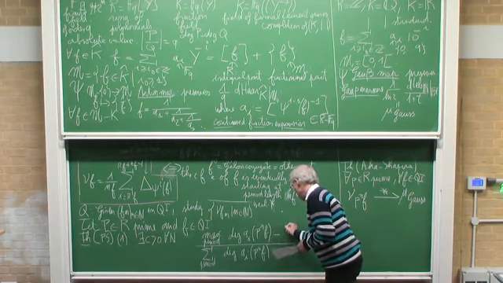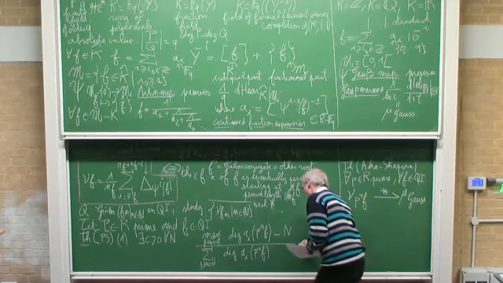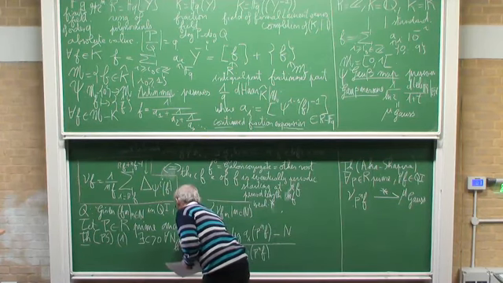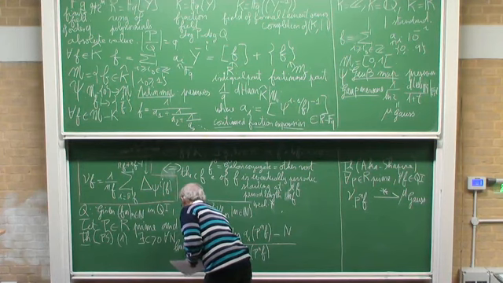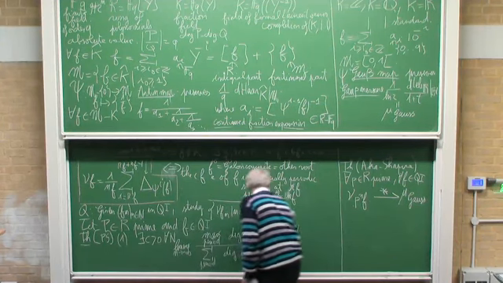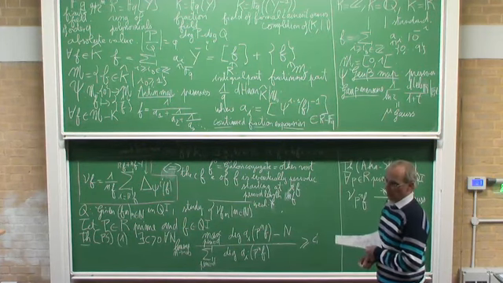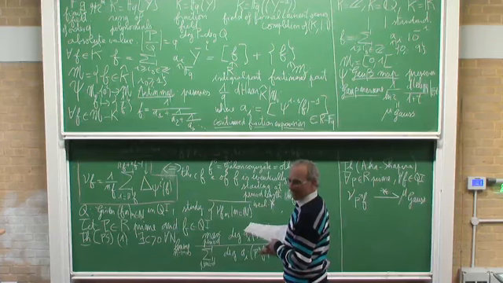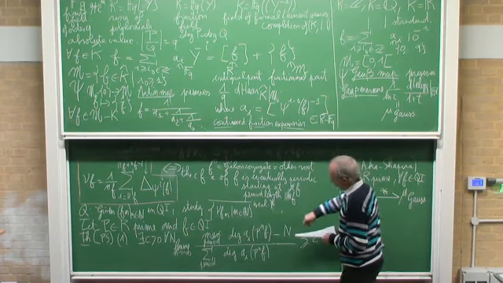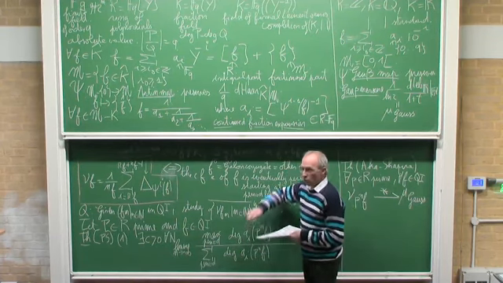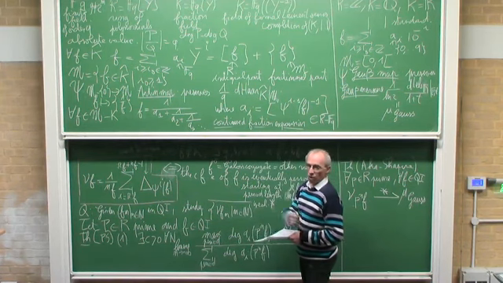So the lim sup as n goes to plus infinity of this is at least c. This says that there exists one coefficient whose degree is much bigger than all the others.